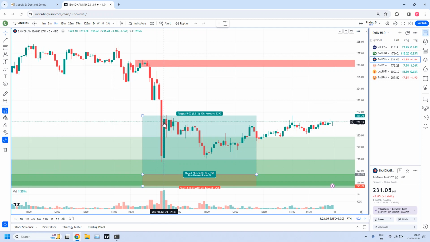Morning 9:30 candle, prices entered into the 15-minute zone, and then immediately it started moving up, and then it has given 1:5 RR, which is 12,500 rupees. In just 5 minutes, you got a profit of 12,500, which is 6.7%.